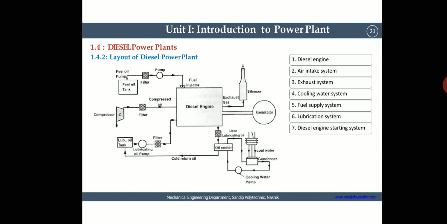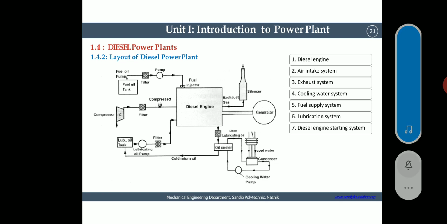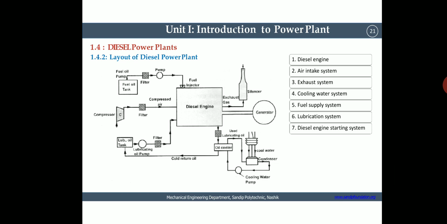This oil is cooled by the cooling water pump, and a condenser is there to cool the lubricating oil. Then the diesel engine is connected to the generator, and the exhaust gas is passed through the silencer.